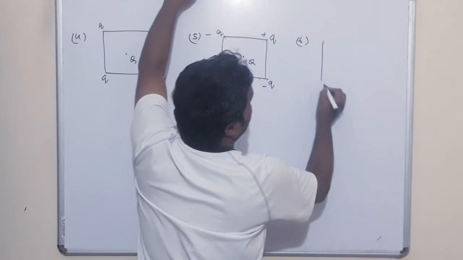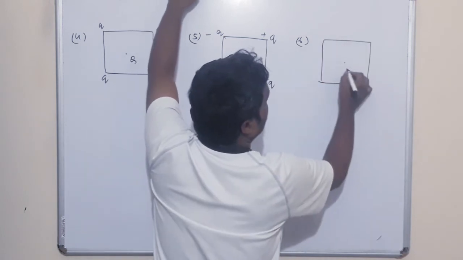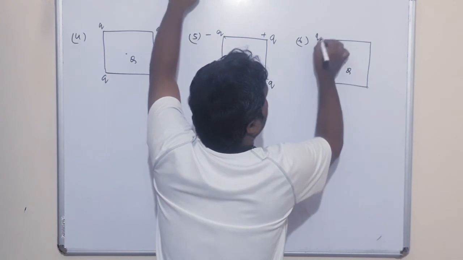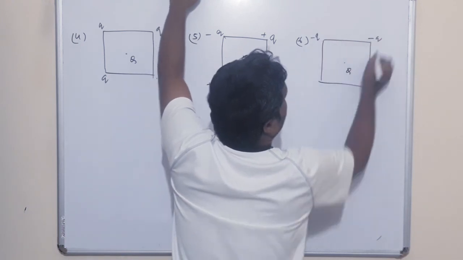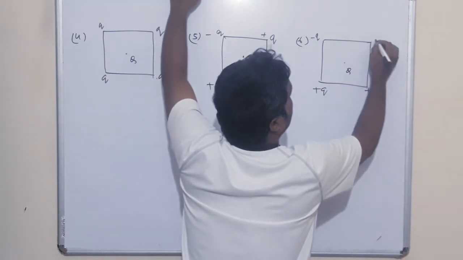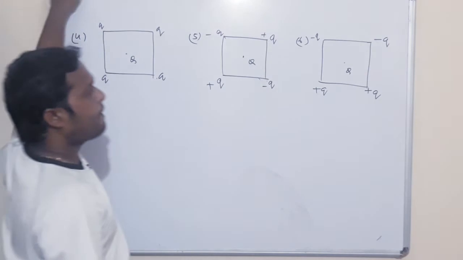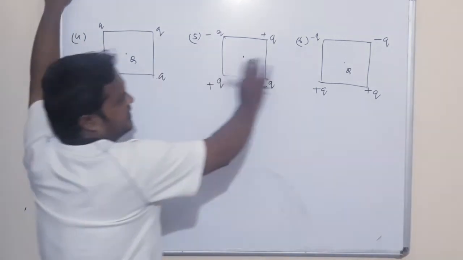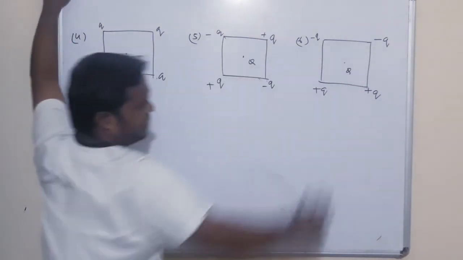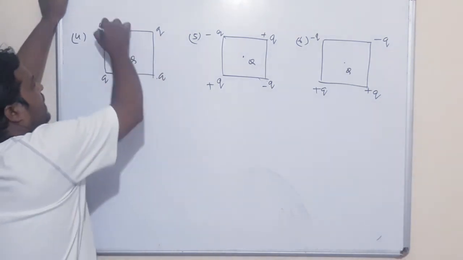This is Q, this is minus Q, this is minus Q, this is plus Q, this is plus Q. This is minus Q. Now I want to calculate the net force acting on the charge placed at the center. Here this charge will repel it like this.